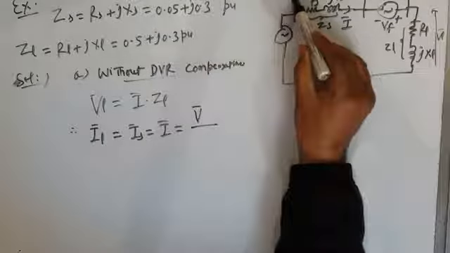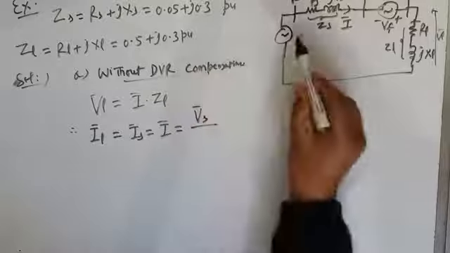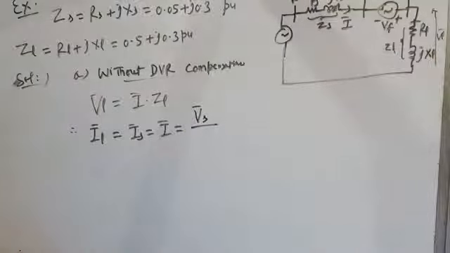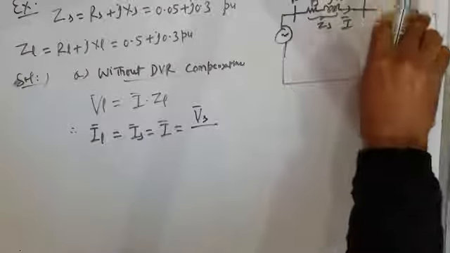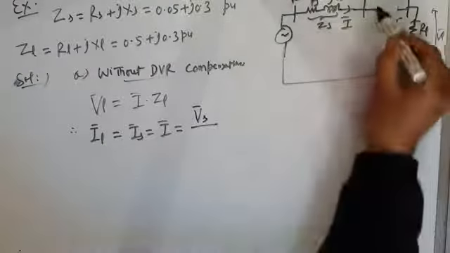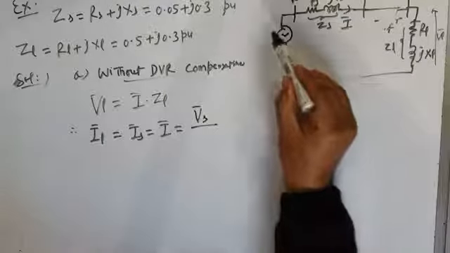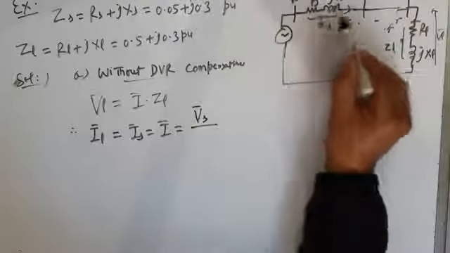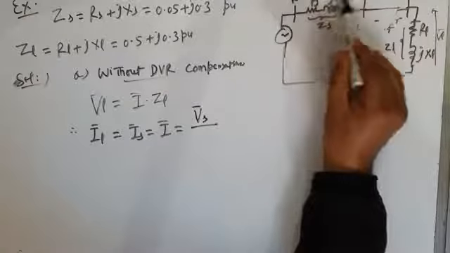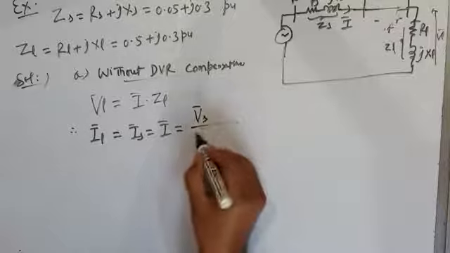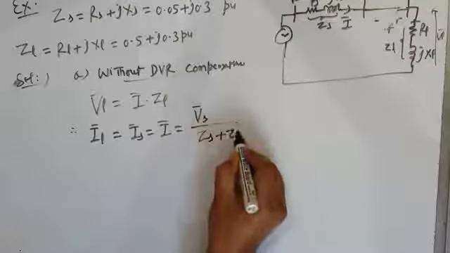Let me remove the DVR. DVR is not connected right now. So current in the circuit is the source voltage divided by source impedance Zs plus load impedance ZL.